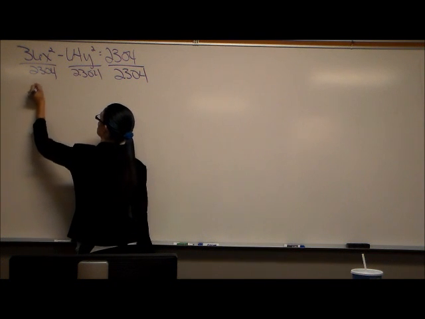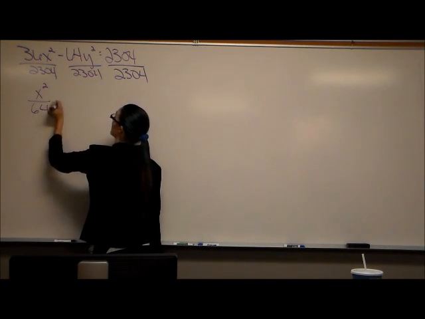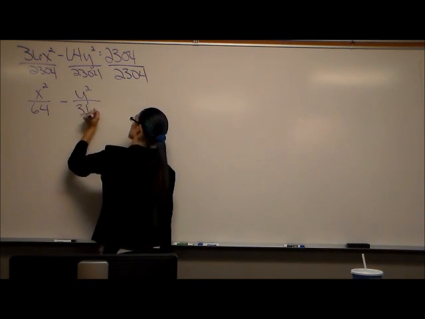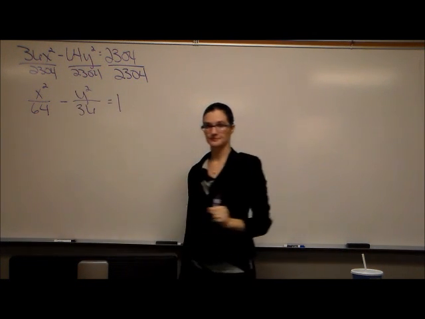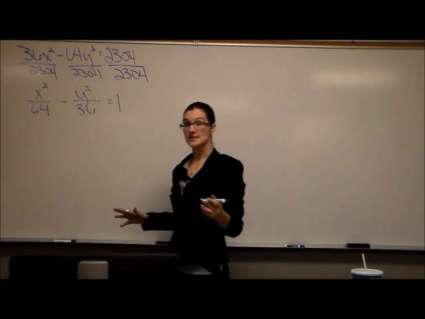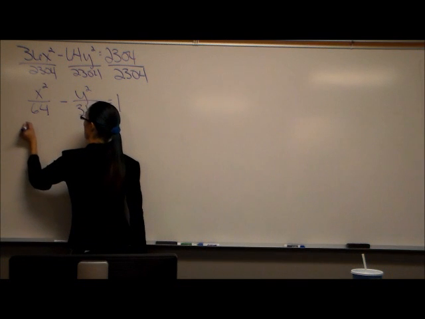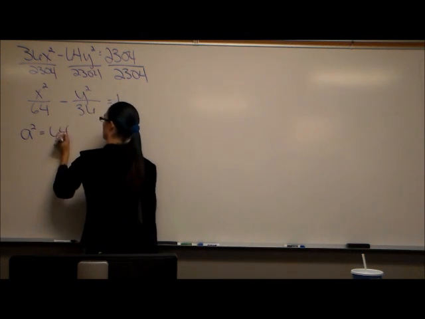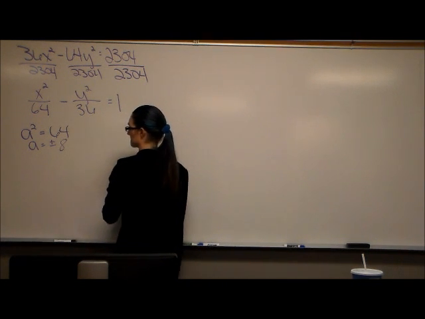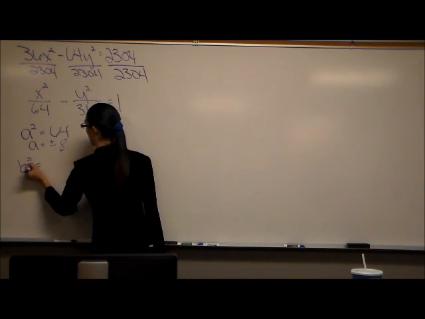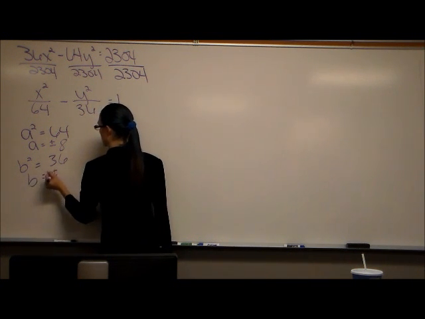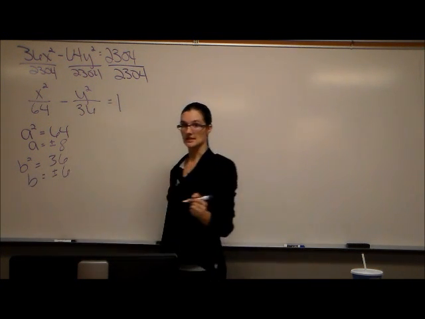This leaves us with x squared over 64 minus y squared over 36 equals 1. So from that, we can easily tell what a is. a squared is 64. a equals plus or minus 8. b squared is 36. b equals plus or minus 6.